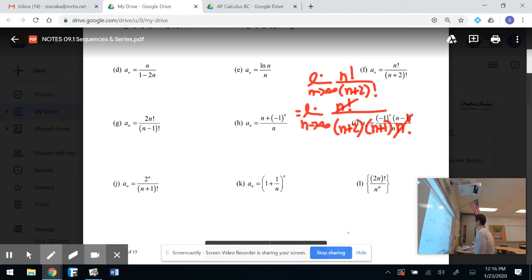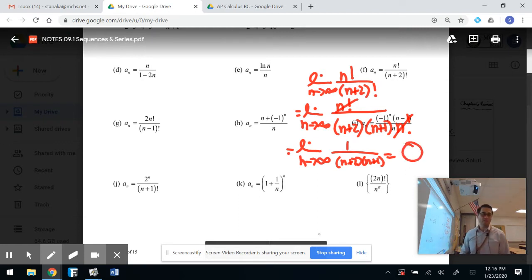And look, at some point, we're going to be repeating. So those can cancel out, which gives me a limit as n approaches infinity of 1 over n plus 2 times n plus 1. Well, that's easily 1 over something enormous, which would be 0, converges to 0.